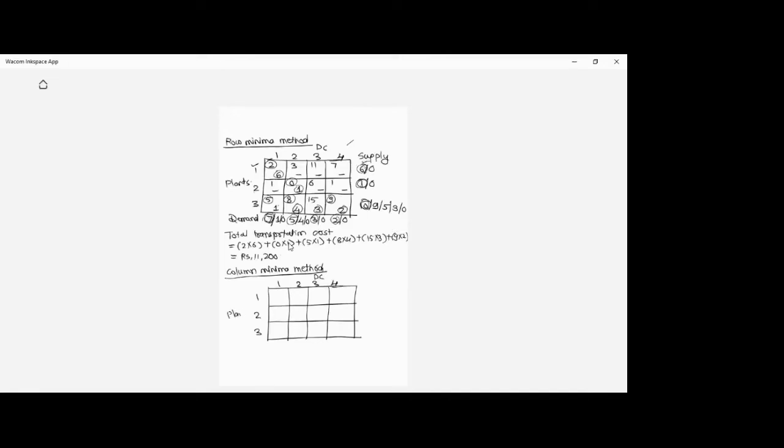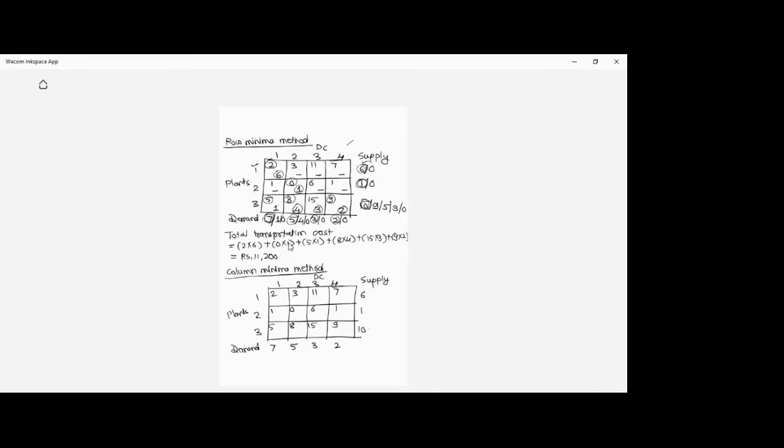We have plants 1, 2, 3. We have unit cost as 2, 3, 11, 7, 1, 0, 6, 1, 5, 8, 15, 9. We have the demand as 7, 5, 3, 2, and the supply that we have is 6, 1 and 10.